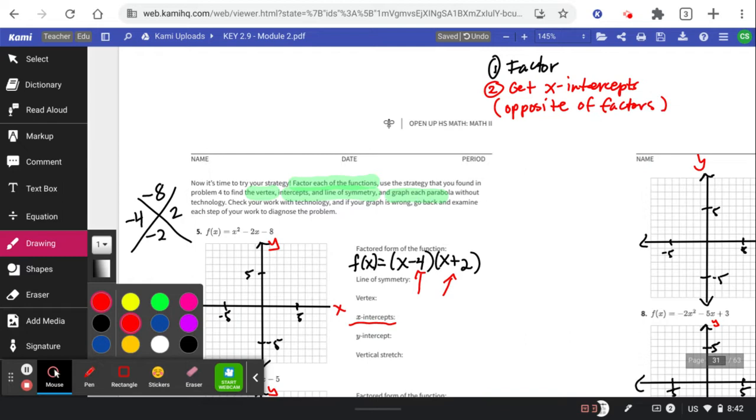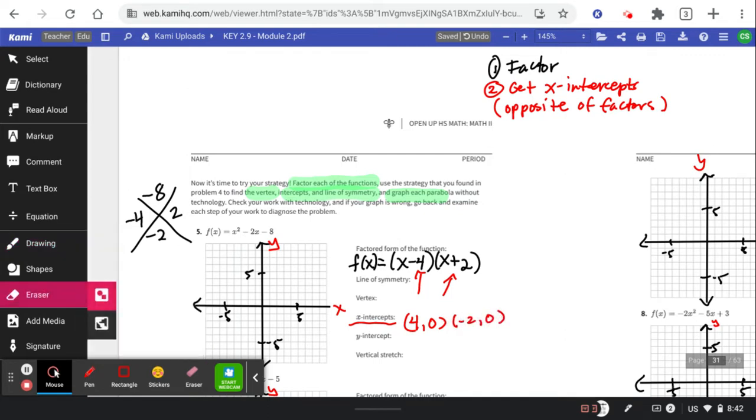So if the factor is an x minus 4, then my intercept is a positive 4, 0. And if my factor is an x plus 2, then my intercept is a -2, 0. So let's go put those two dots on the graph. So 4, 0 and -2, 0.